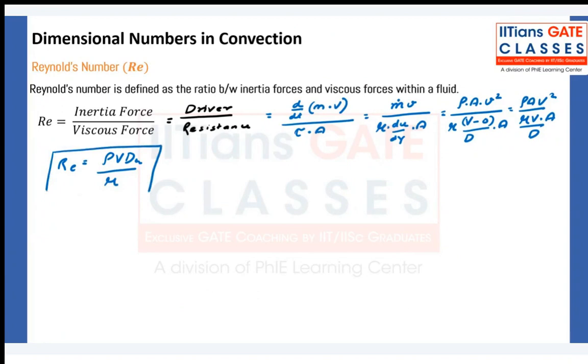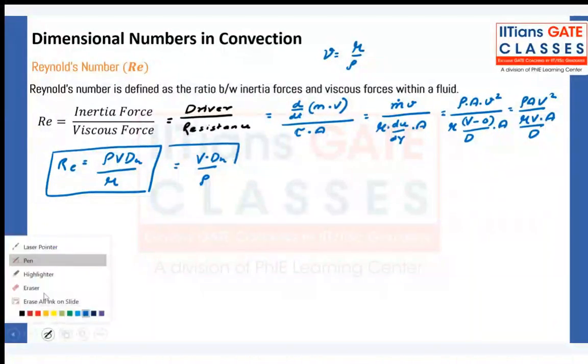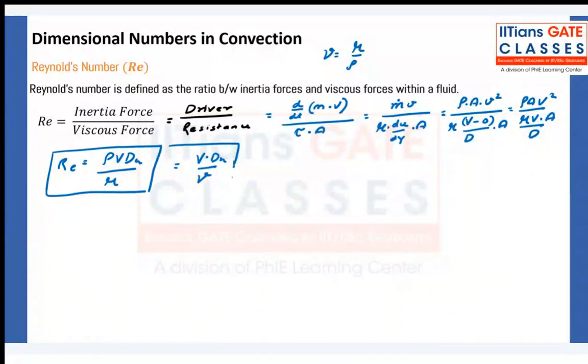You can also determine this in terms of kinematic viscosity. Okay, because we know kinematic viscosity is equals to mu upon rho. So it is v d h by nu.